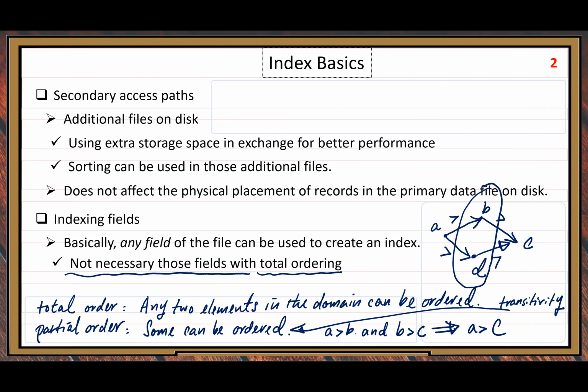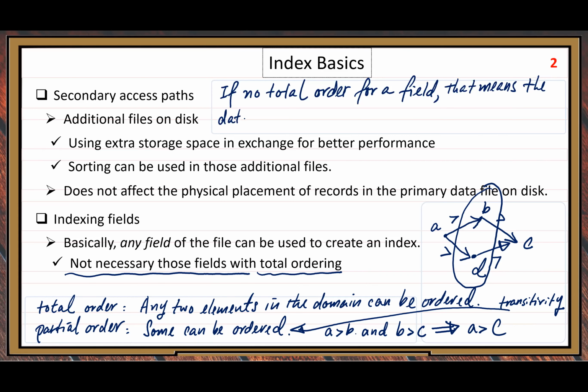Let me write this way: if there is no total order for a field, that means the data cannot be sorted based on this field.